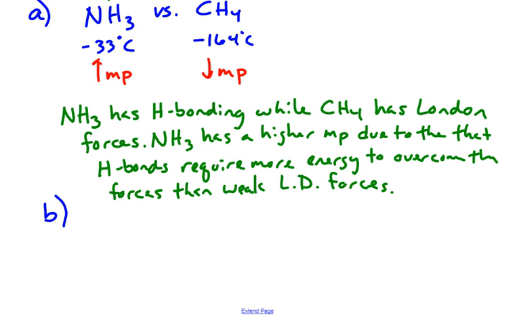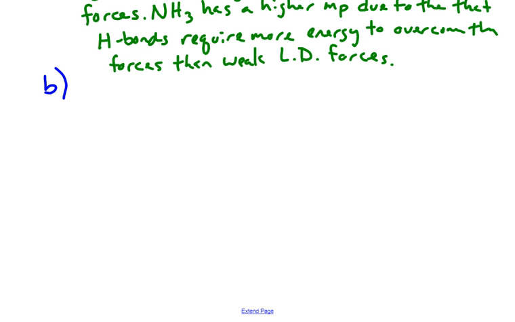Letter B. Gives you 2 more situations. It says at room temp, this is a gas, and this is a liquid. Okay? I'm not going to write every single explanation for you here at this point. You need to kind of formulate it based on what I had first.